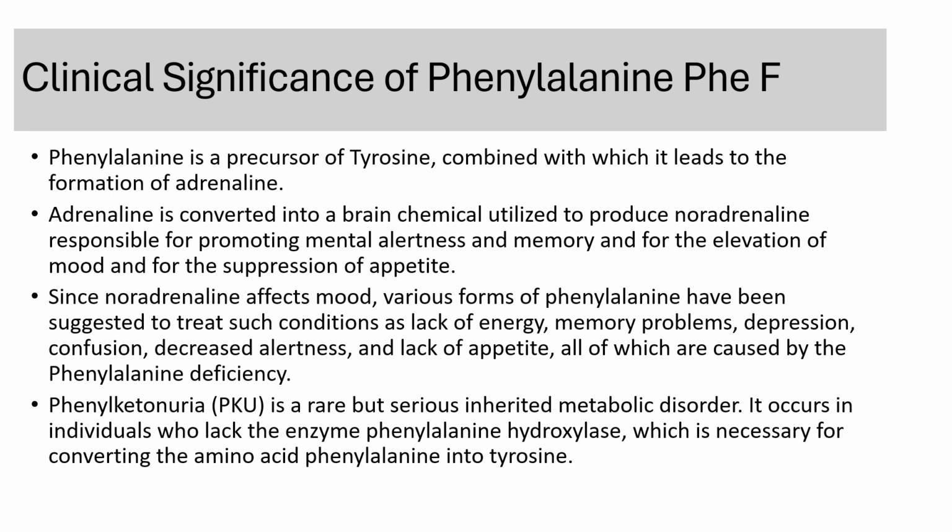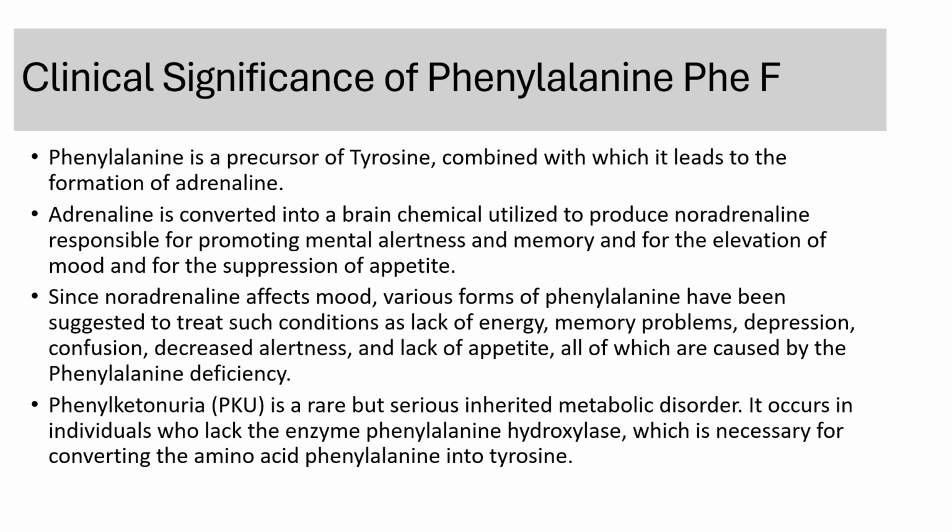As you can see, there is some serious cognitive support that phenylalanine provides. Since noradrenaline affects mood, various forms of phenylalanine have been suggested to treat such conditions: lack of energy, memory problems, depression, confusion, decreased alertness, lack of appetite, all of which are caused by phenylalanine deficiency.